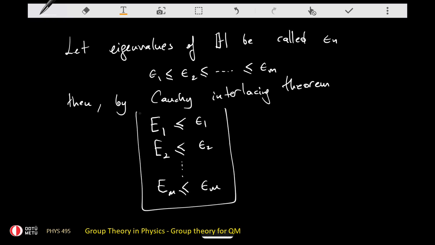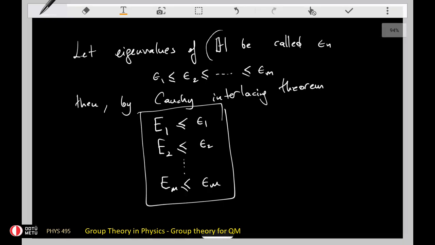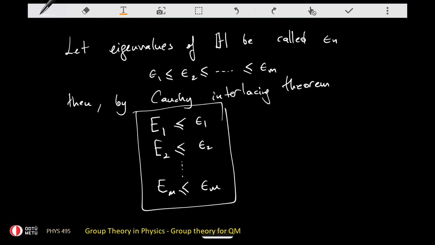Right? So this then tells us that if I obtain a matrix like that, a matrix Hamiltonian, then the eigenvalues of this matrix ordered like that form an upper bound to the real energy eigenvalues of the corresponding level.